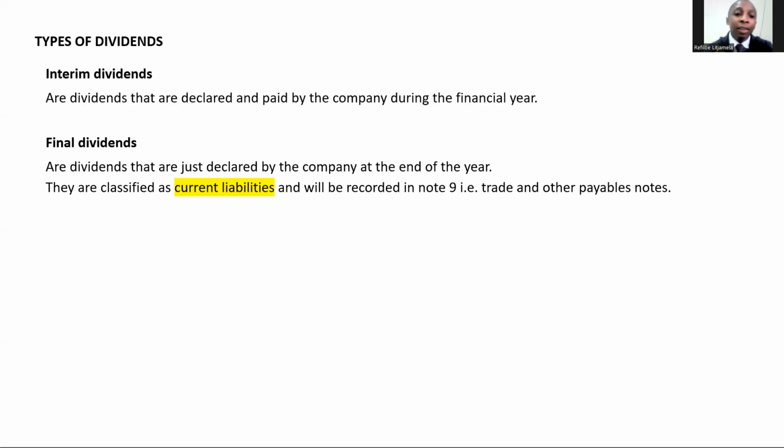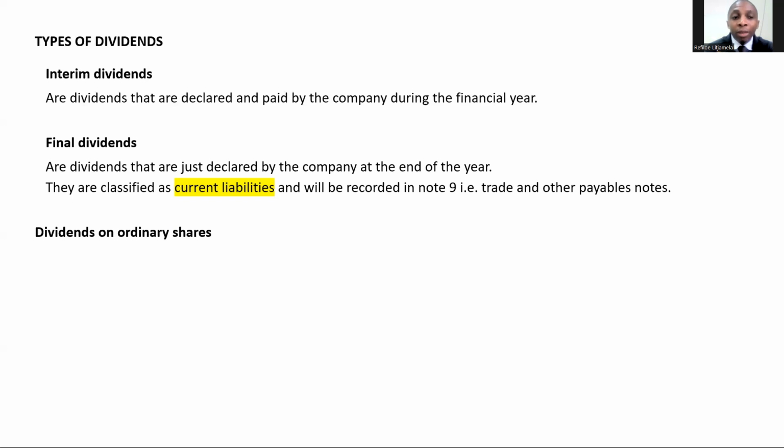All right. And then we've got dividends on ordinary shares. Dividends on ordinary shares are simply your total dividends declared and paid during the current financial year.